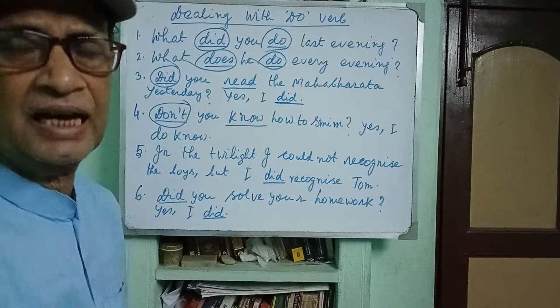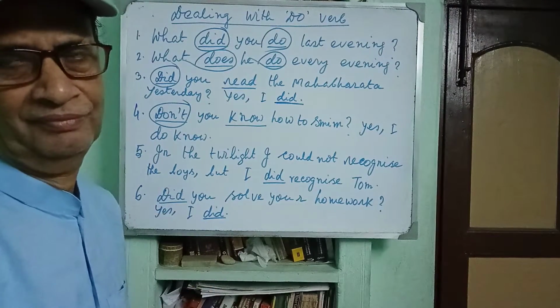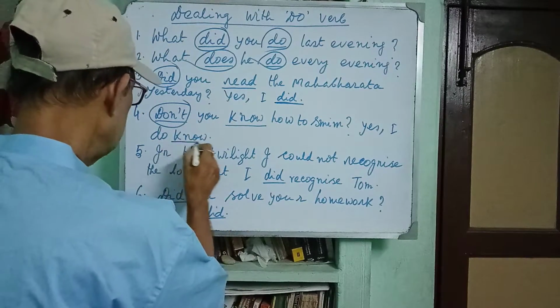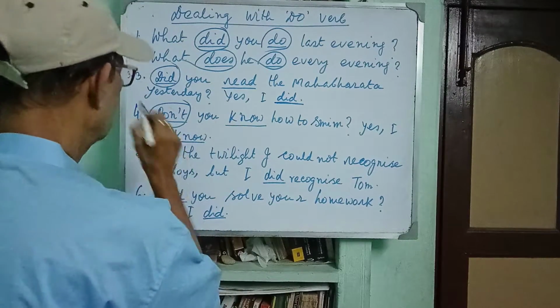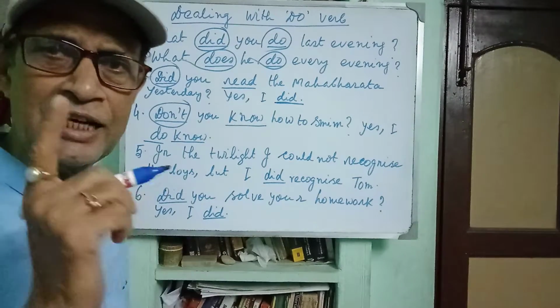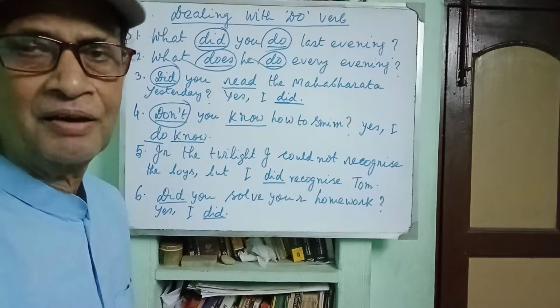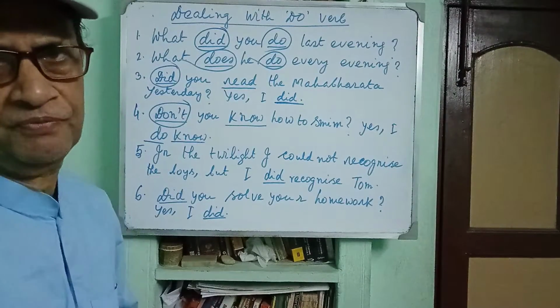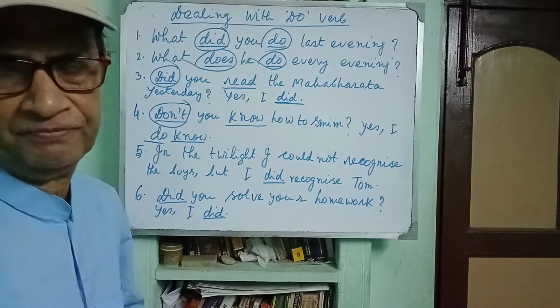And the answer is yes, I do know. You see that know is a verb and do is also a verb. Here do has been used to give emphasis, to give stress.